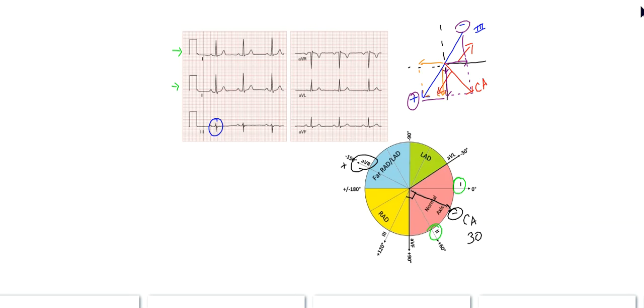What would happen if instead you saw a small lead 1, compared to a larger one on lead 2?